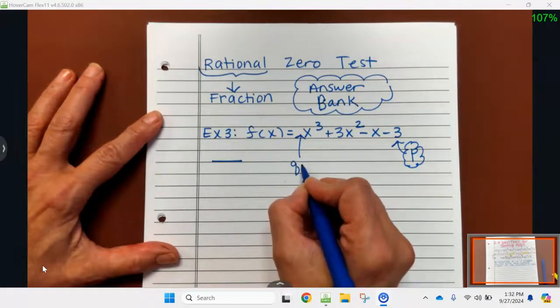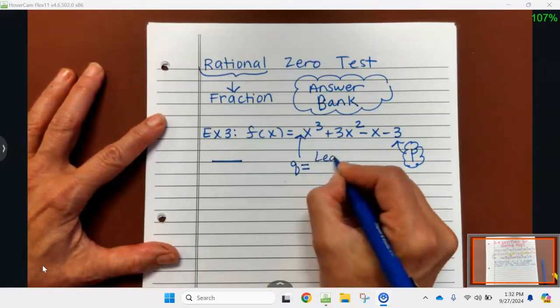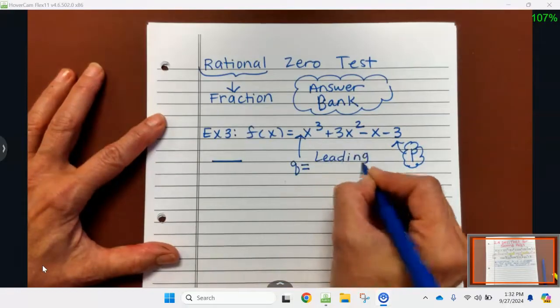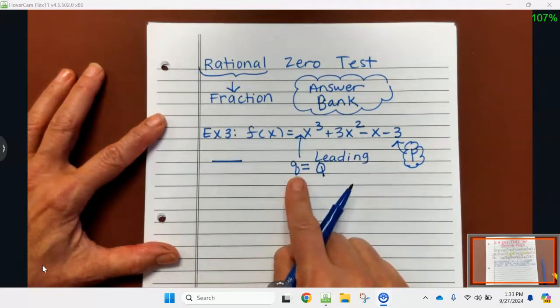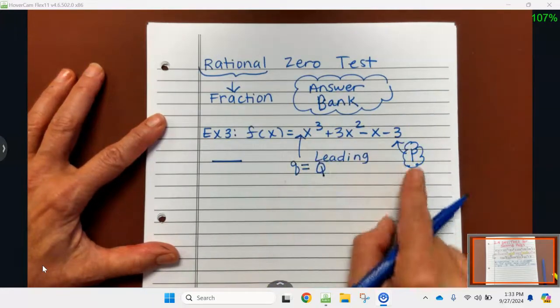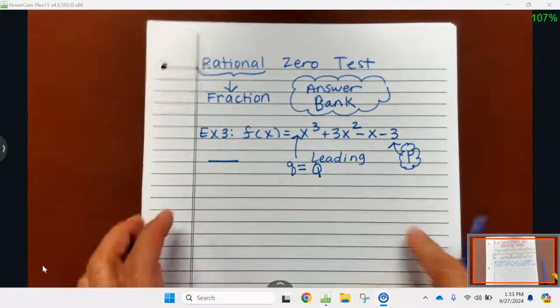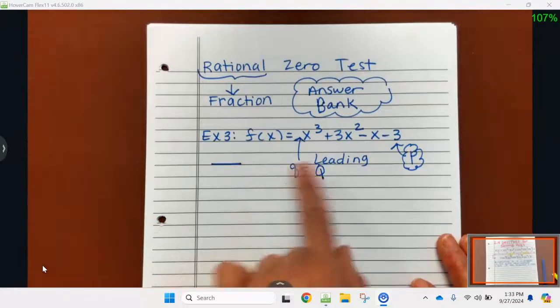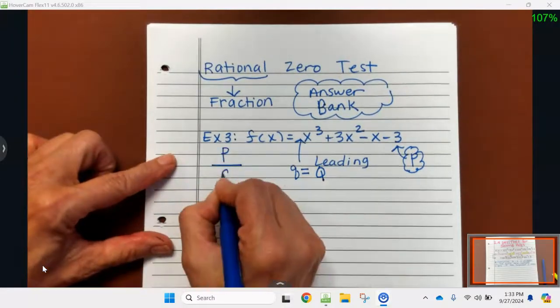I know this spelling is horrible, but you can think of q as the leading coefficient. We are going to list all the possibilities on the top and the bottom of a fraction bar. So remember, the p is on the top. It is p over q.